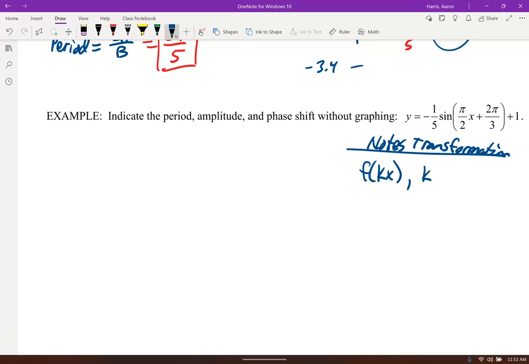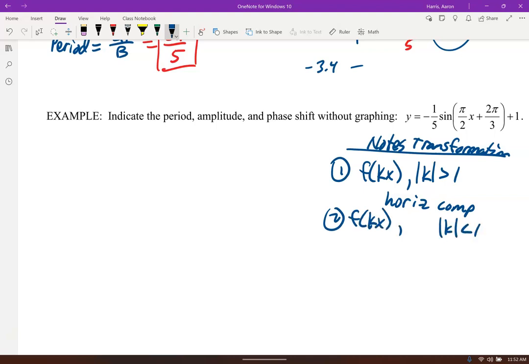If your k is bigger than 1, that'll be a horizontal compression. If your k is less than 1, greater than 0, that'll horizontally stretch it out. You'll see that. We'll do some graphing with these.